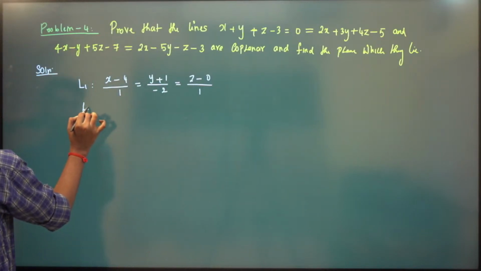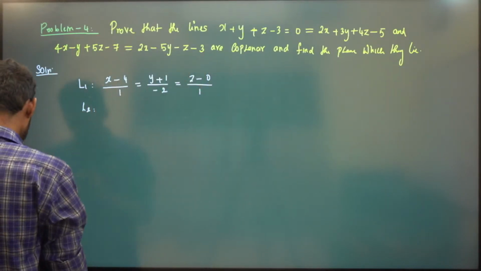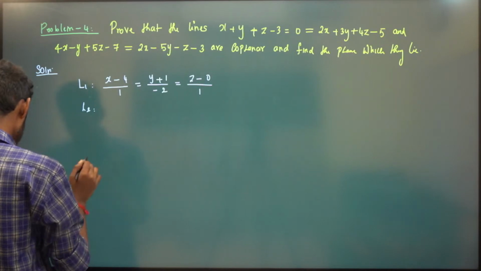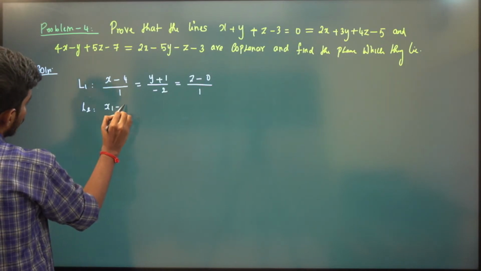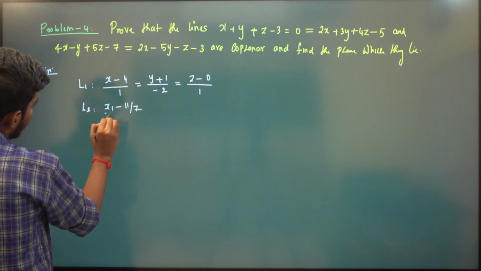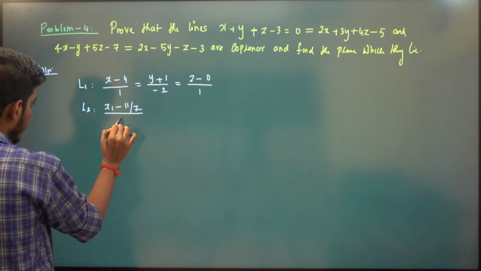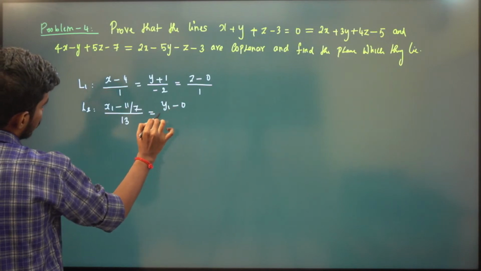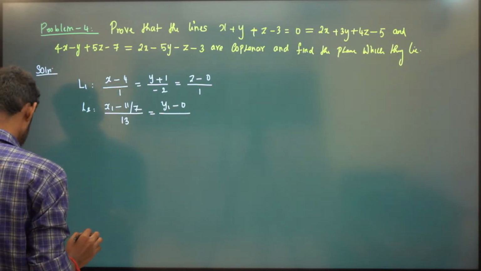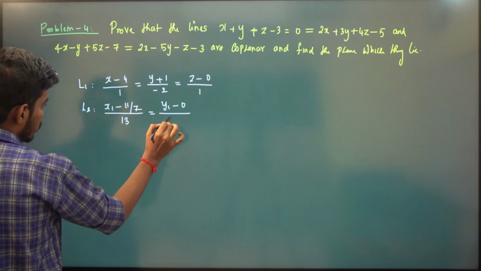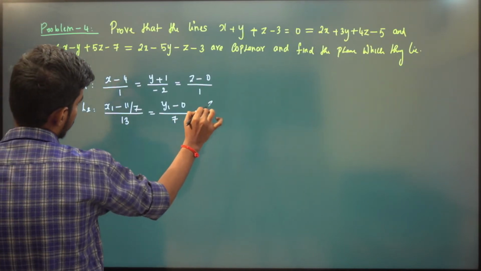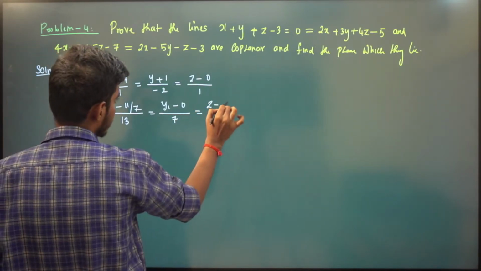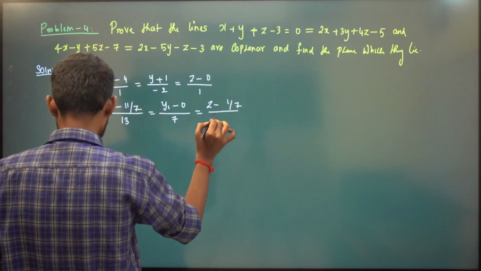Now similarly, if you convert this second general form to symmetrical form, you will have (x minus 11 by 7) divided by 13, (y minus 0) divided by 7, (z minus 1 by 7) divided by minus 9.